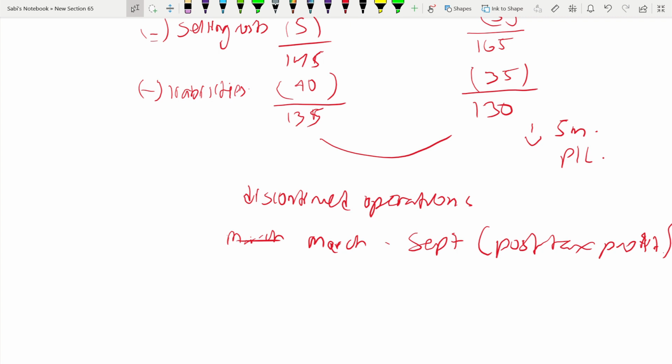Now it becomes a current asset because you are selling it within 12 months. So after the current assets total, you write: non-current assets held for sale.